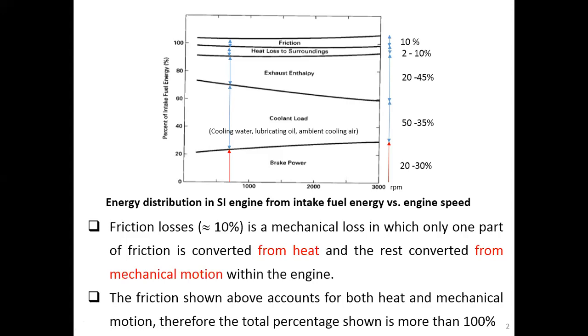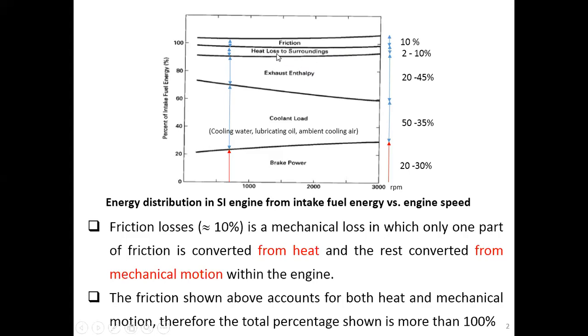Okay, and then the next slide shows you the exhaust enthalpy. So this is another heat that goes out with the exhaust. And then we have the heat that is lost to the surroundings, right?